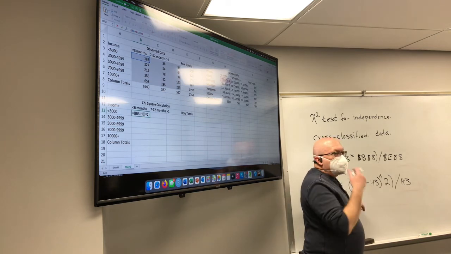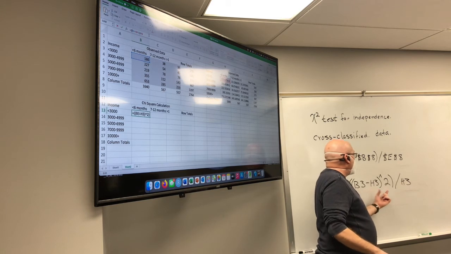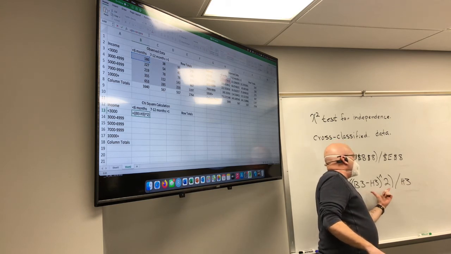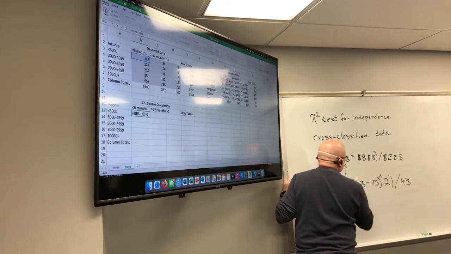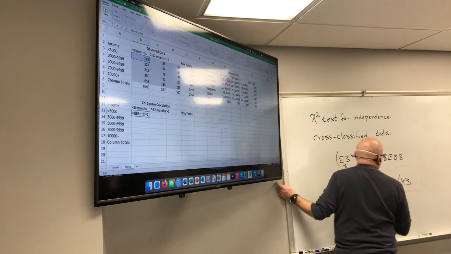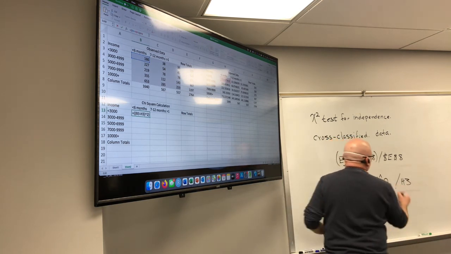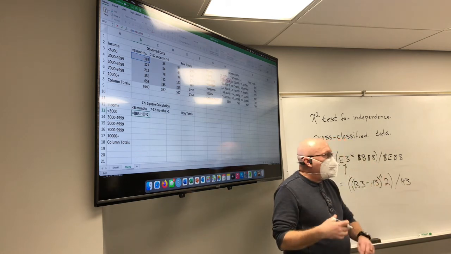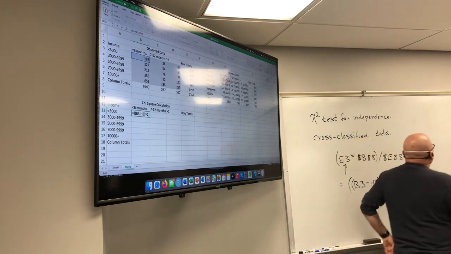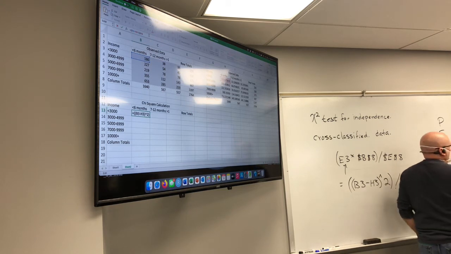The reason you have two parentheses out here is you want to do this subtraction, then you want to square it, but you want to divide that whole thing by H3. If you didn't have two parentheses, it would divide this 2 by H3, and that's not the power that you want to raise it to. So whenever you're working on formulas, either in Excel or in R, always remember your order of operations. Please excuse my dear Aunt Sally.